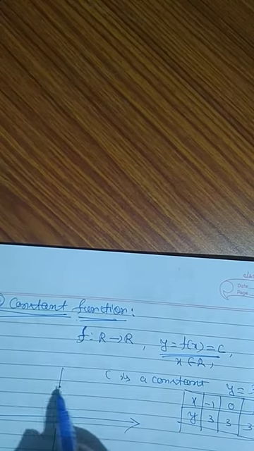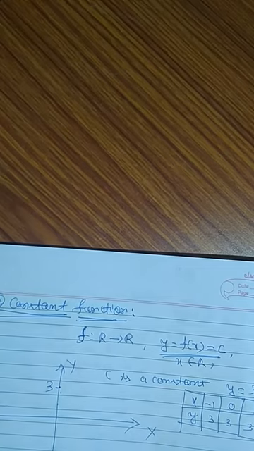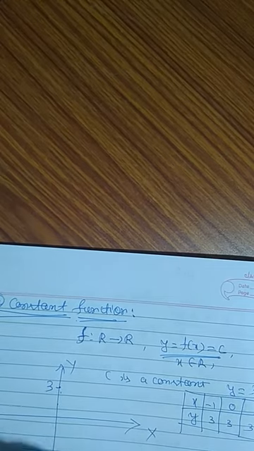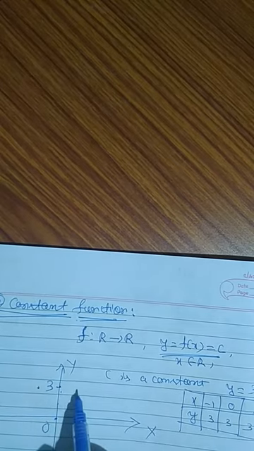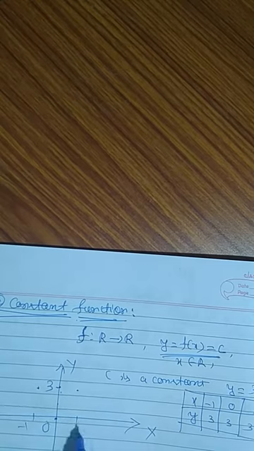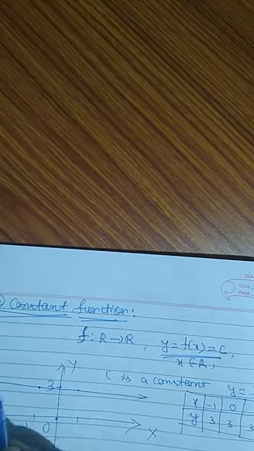If you plot the graph of a constant function, here y is equal to 3. This is your y-axis, x-axis, x dash, sorry, y dash, and this is your x dash. This is your origin. If you mark the points and join them, you will get a straight line which is parallel to the x-axis.